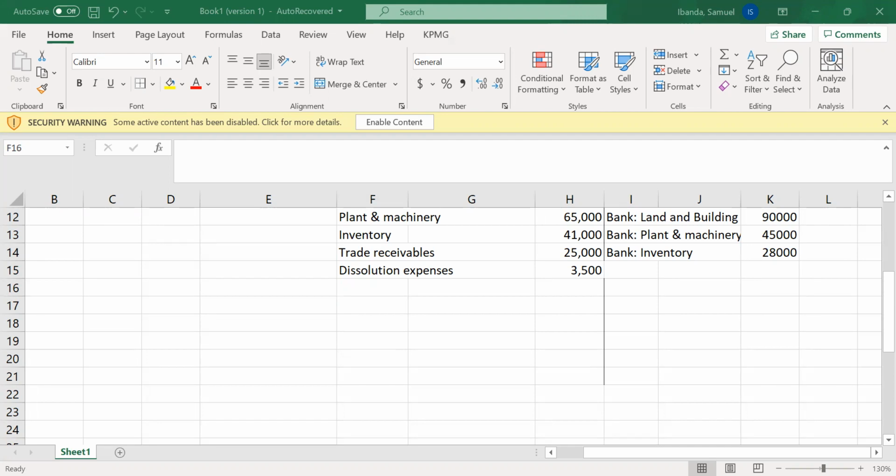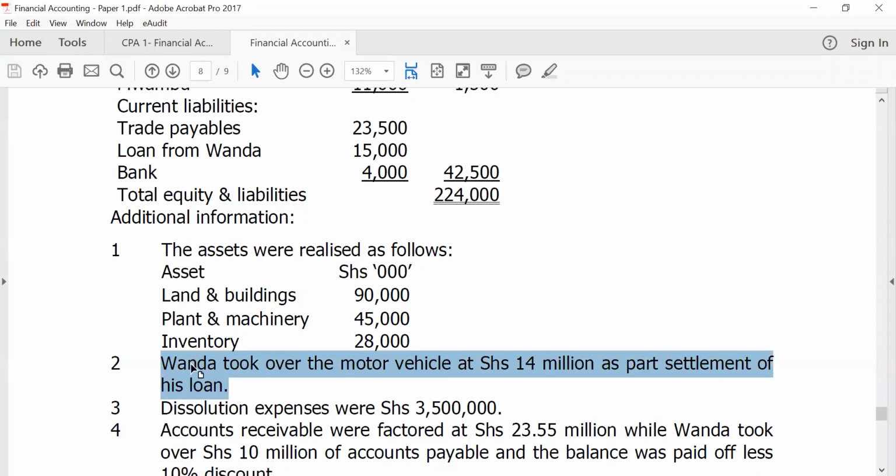One of the things that they tell us when you get to the text here is that Wanda took over the motor vehicle at 14 million as a part settlement of his loan. Now, the way Wanda took over is more of like, instead of us selling this out, Wanda took over this motor vehicle, okay?